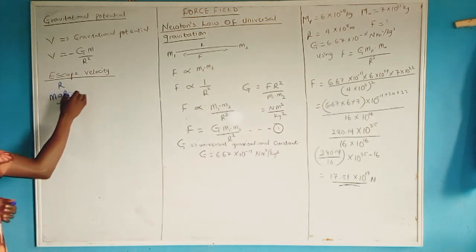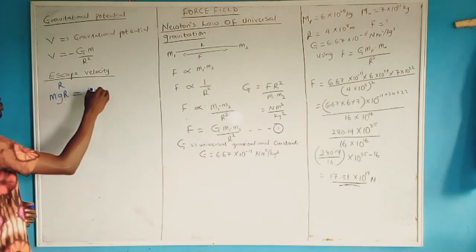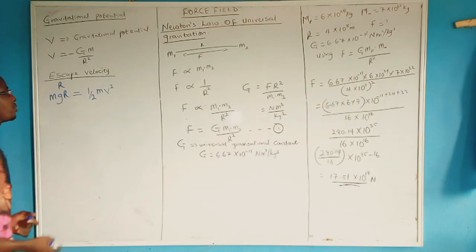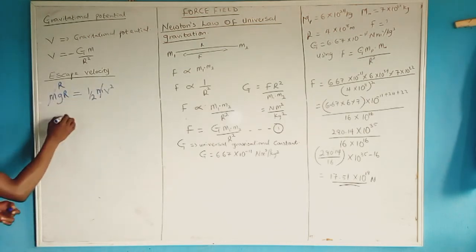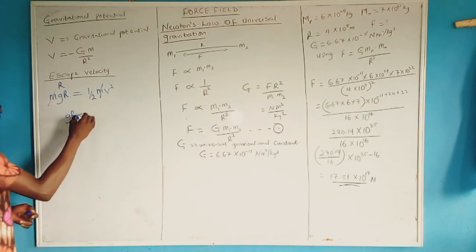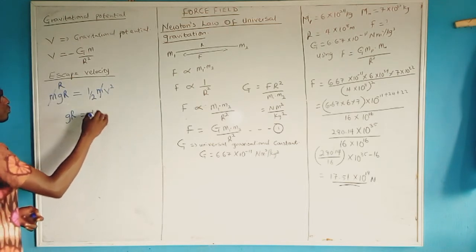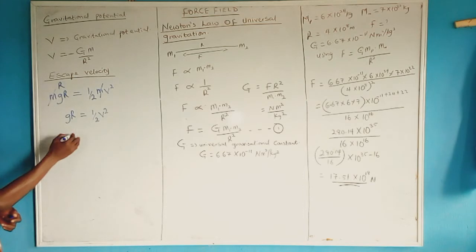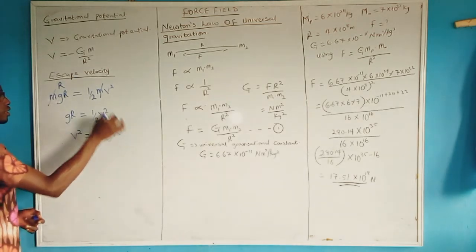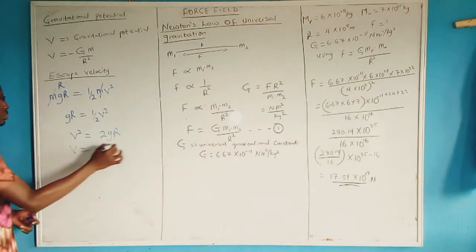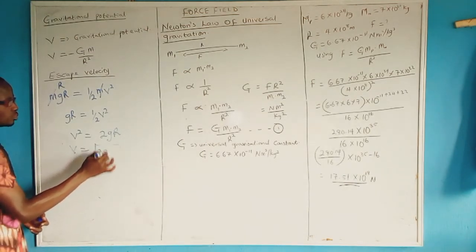If I equate this to the kinetic energy of the same body at that moment, the mass will cancel. I'm going to have gr equals half v squared. So v squared equals what? 2gr. So v will be what? Square root of 2gr.